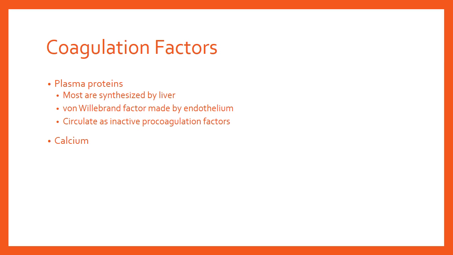So there are numerous coagulation factors. The liver has an important role besides helping with digestion and being part of the GI system. It has the important role of producing these plasma proteins, synthesizing them, and basically supplying the blood with the coagulation factors.